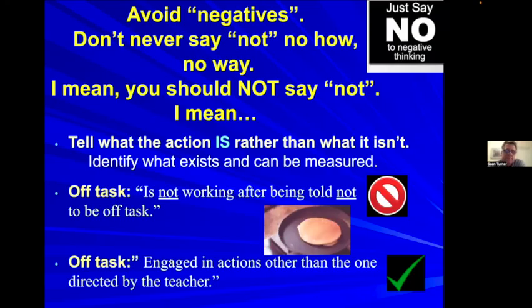You can technically measure duration, in the sense of they're not doing the actions that you're saying, but in order to measure that duration, you would have to have the second off-task behavior, which would be so they're engaged in actions other than the one directed by the teacher. So we could measure that, either frequency or duration, a lot easier than it is not working.